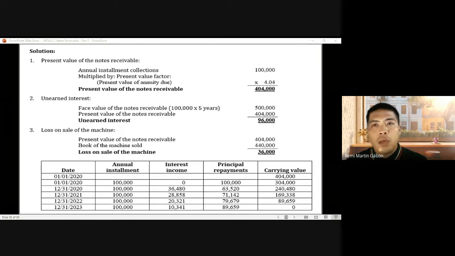January 1 to January 1. Not substantial ang period, so mahirap i-discount. So gagawin, buong 100,000 which is parang undiscounted siya. So consistent or constant siyang 1.